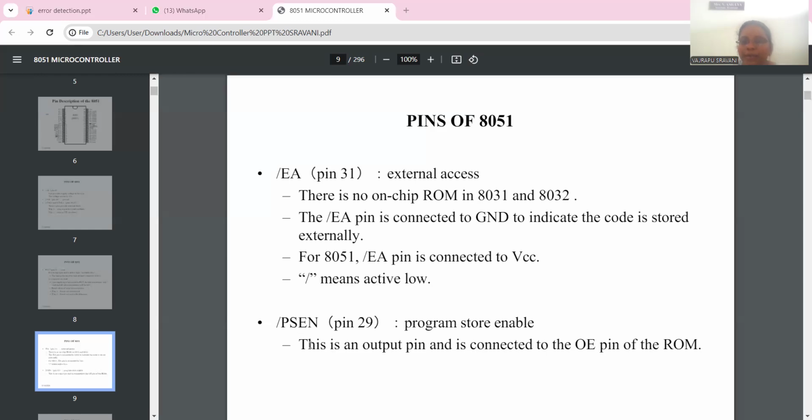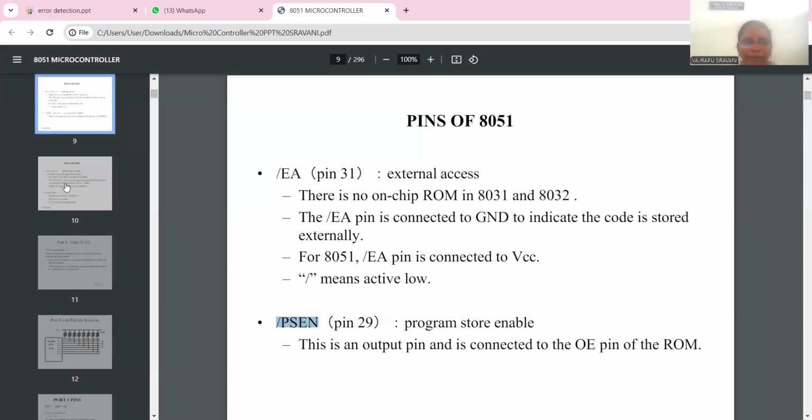For the internal, we have only 4 kilobytes of ROM, but for external we have 64 kilobytes, that is 0000H to FFFFH. So while connecting the external ROM, we use PSEN bar. For RAM purposes, we use the read bar and write bar signals, which are used for connecting the external data.